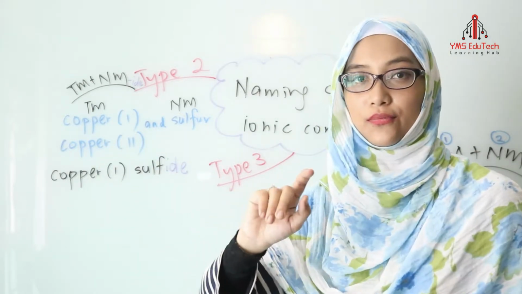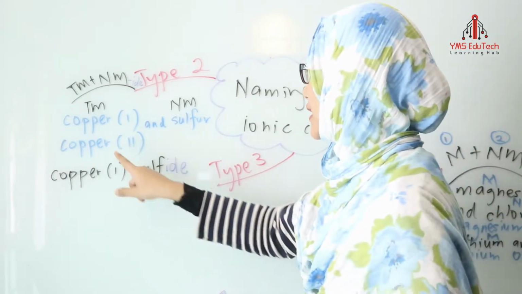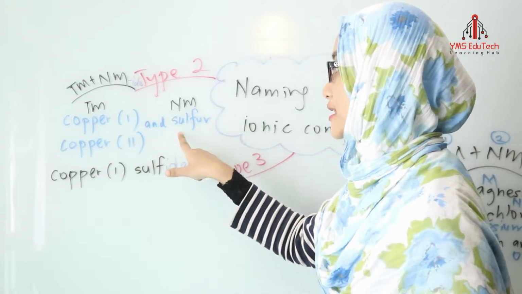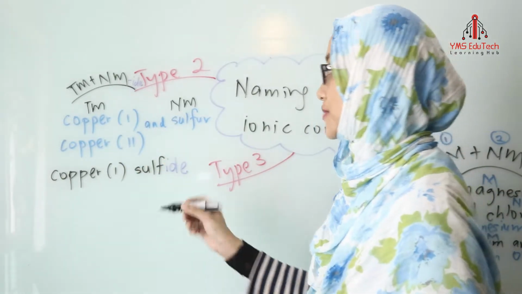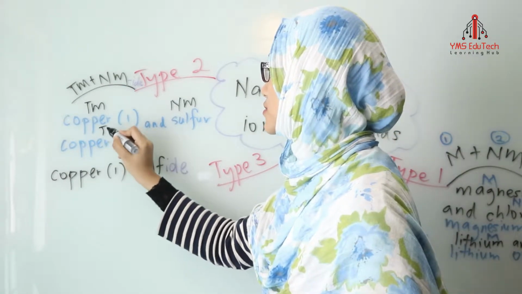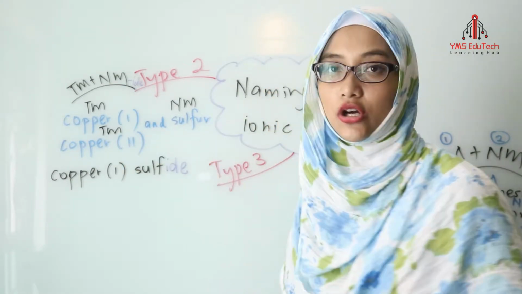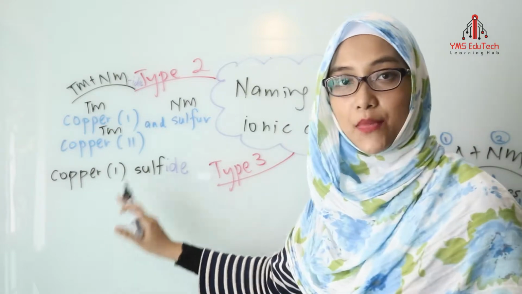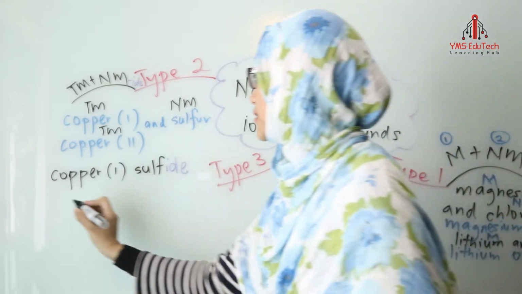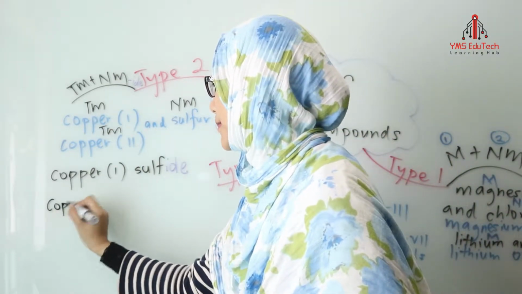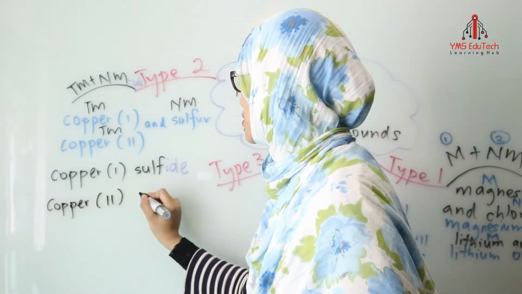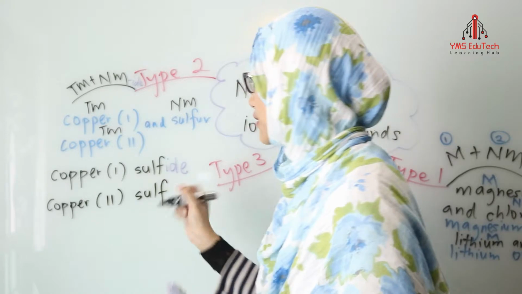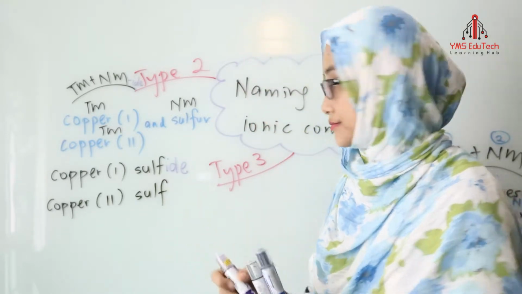Let's go for another example. Let's have copper 2 and sulfur. First, identify which one is the transition metal. That is copper 2, and sulfur is the non-metal. So we call it copper 2 sulfide.